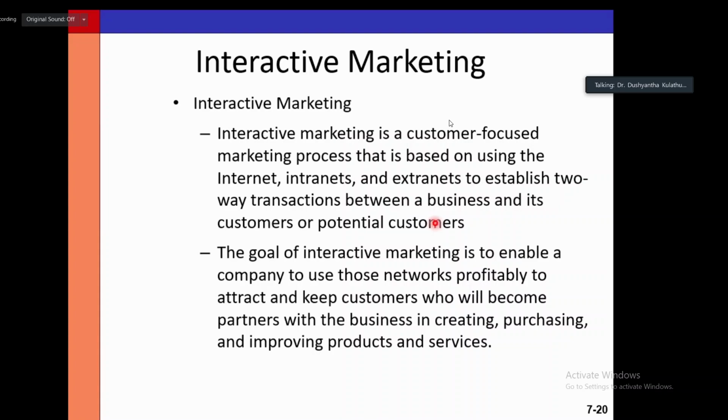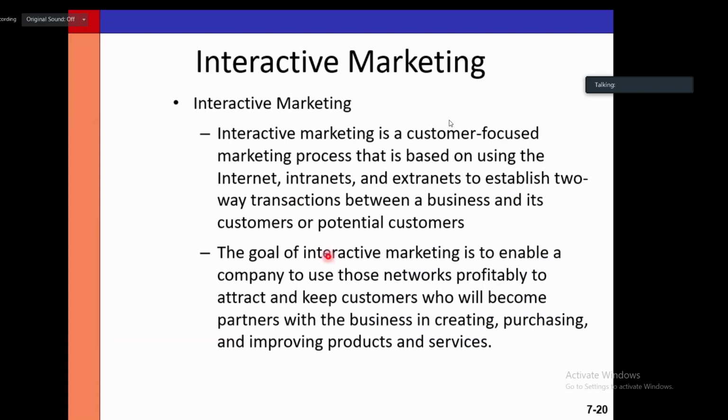In establishing direct linkages with the customers, the organizations can utilize technologies like the internet, intranets, and extranets. So interactive marketing depends upon the use of these technologies in establishing direct contacts, direct relationships, and direct transactions with the customers.